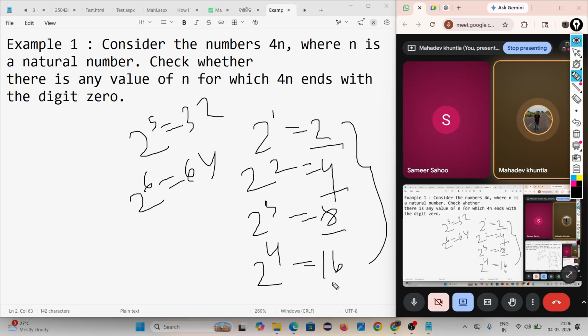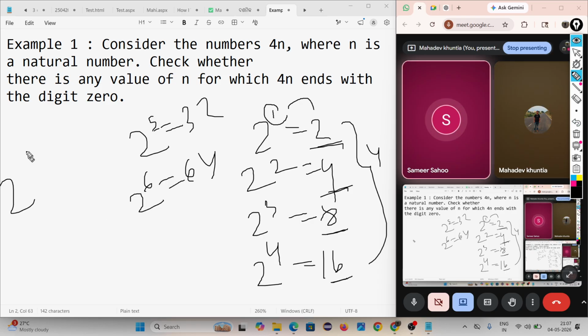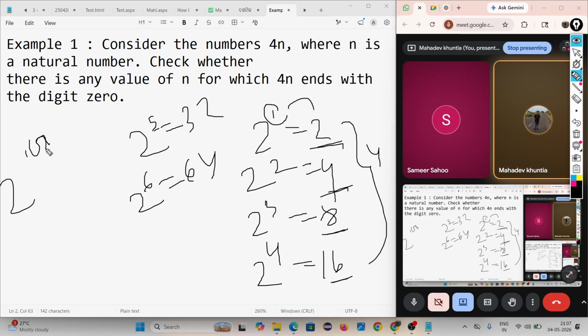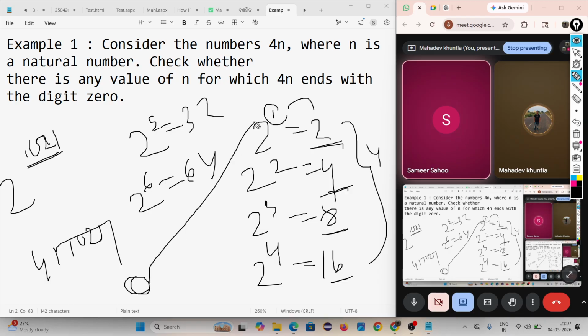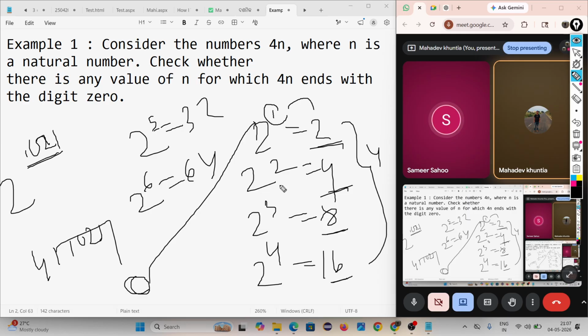So the cyclicity is 4, which means divide the power by 4. If the remainder is 1, then the answer will be 2, like 2 power 1000. For 1021, divide 1021 by 4 and look at the remainder. If 1 then 2, if 2 then 4.